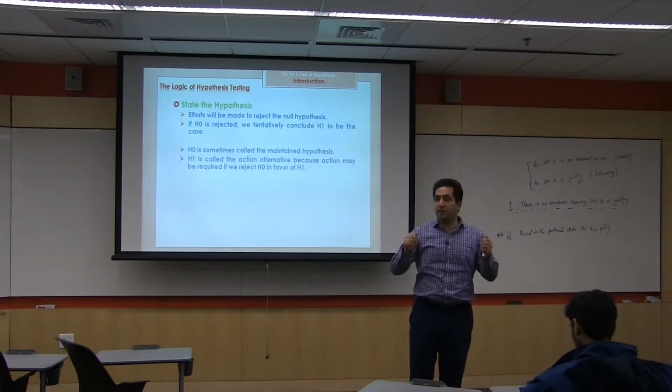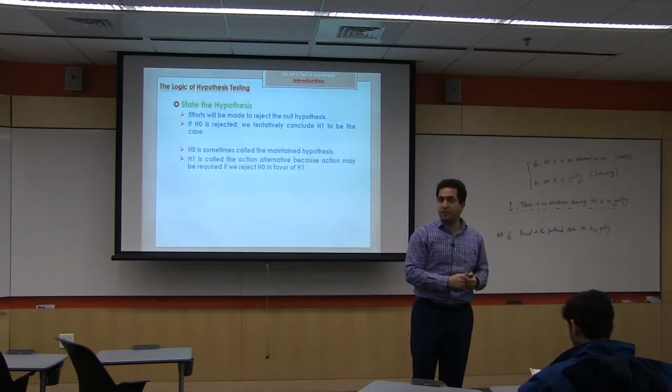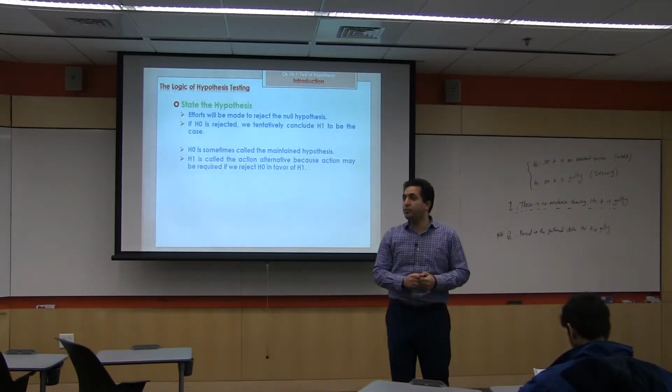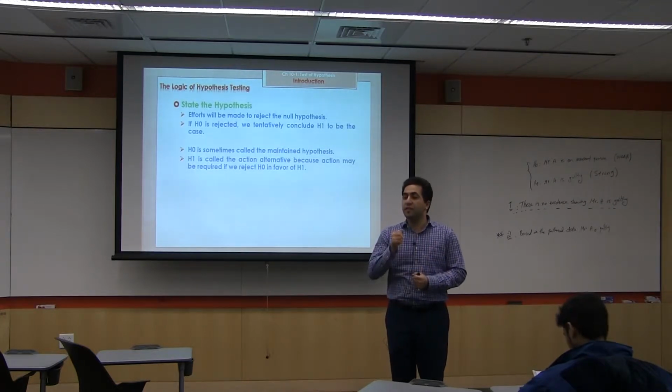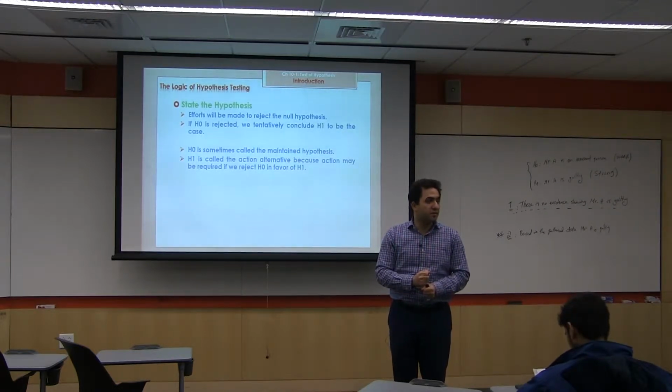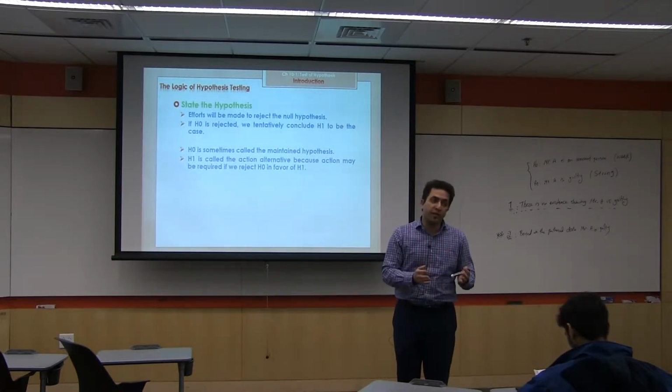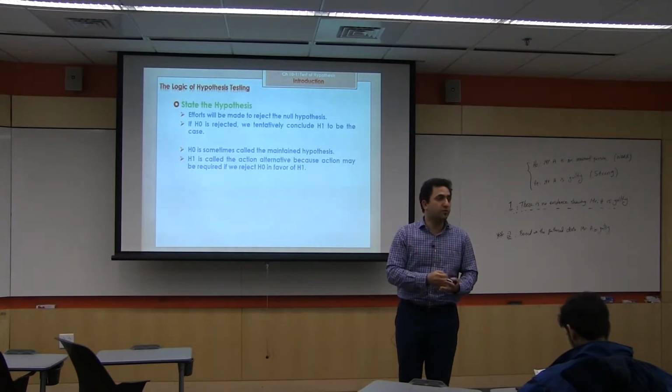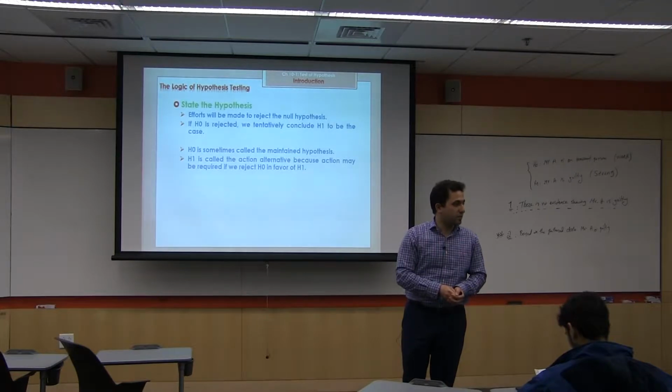So therefore we say, okay, we are rejecting with certain level of confidence. But if I do not reject, we never say we accept. What would you say instead? Fail to reject. We fail to reject the null. Saying that, okay, at this point, we are not able to reject it. But we never say we accept the null hypothesis.